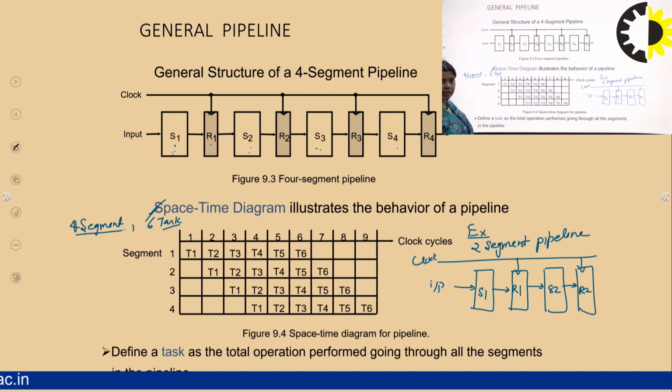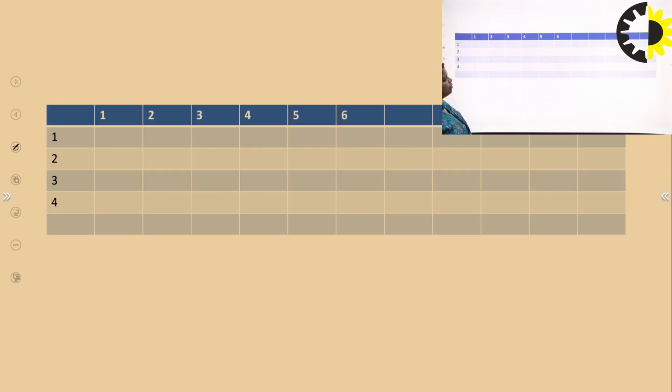So at the starting, what you have to write: there are 4 segments, fine, and 6 tasks, and you have to calculate the clock time, or how much time to complete these 4 segments.